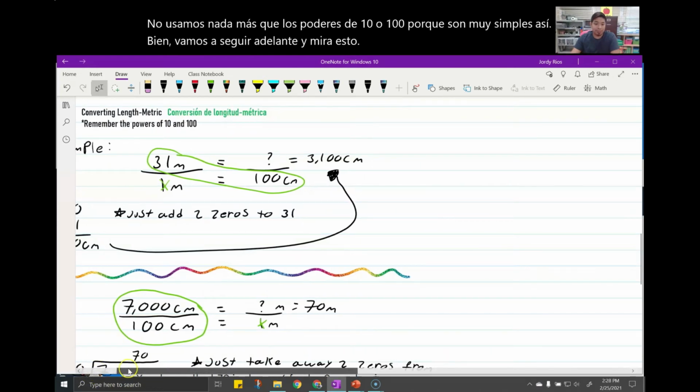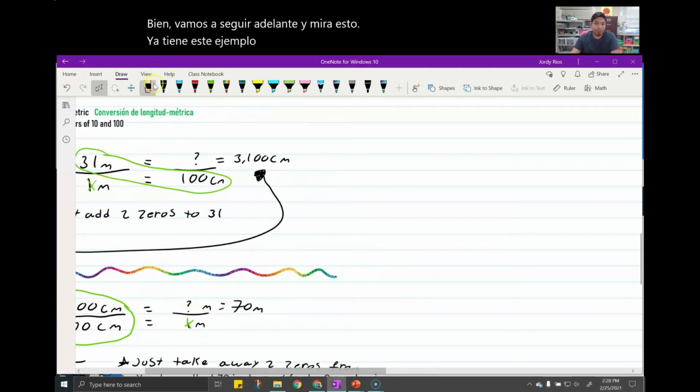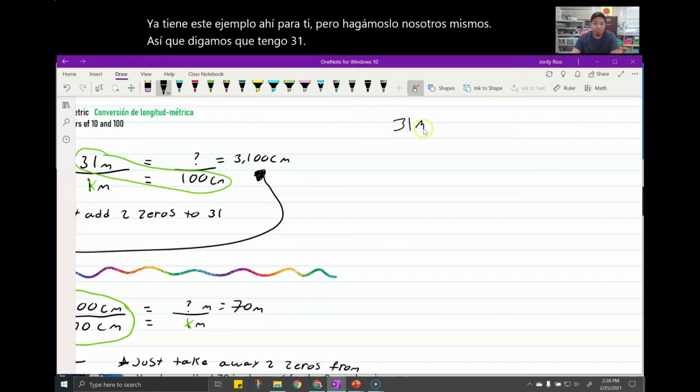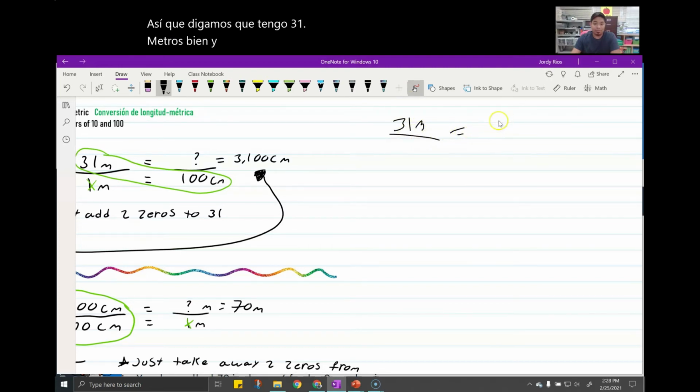So I already have this example there for you, but let's do one ourselves. So let's say I have 31 meters, okay, and I want to convert that into centimeters. Okay, well, what do I know? I know 1 meter equals 100 centimeters. Mr. Lewis, how do you know that?